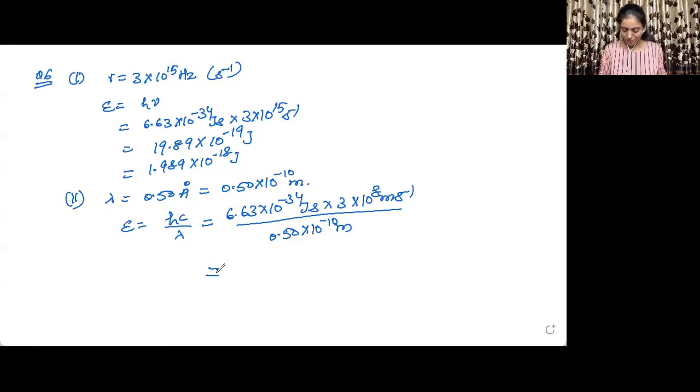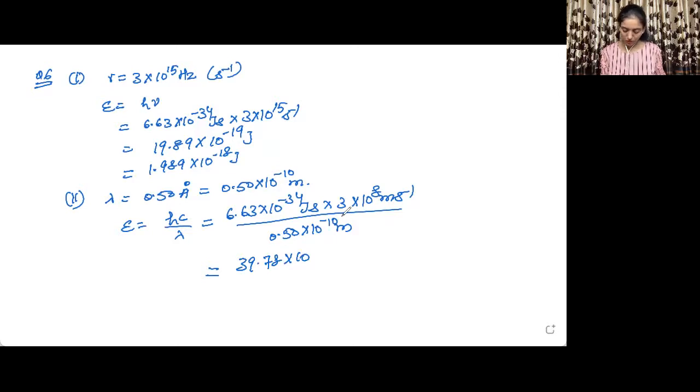So 6.63 into 3 divided by 0.5 is coming out to be equal to 39.78 into 10 raised to the power. If we take this to the numerator, it will be 18.